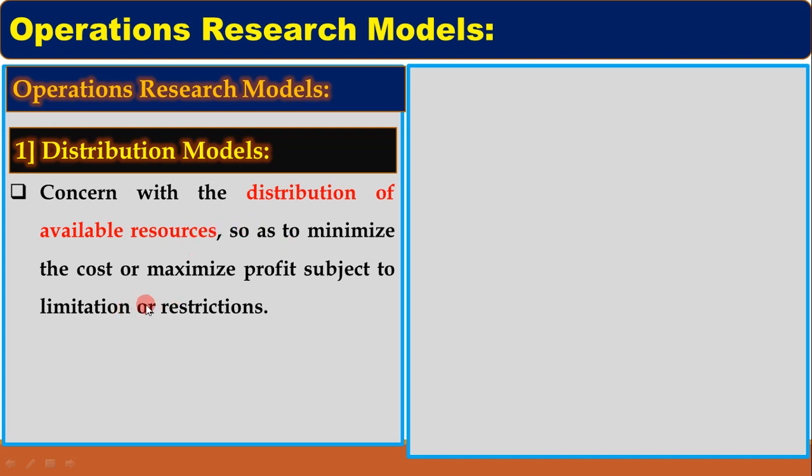Here these restrictions or limitations are related with the limited resources, which is considered as a restriction in achieving certain objectives. An objective may be either to minimize the cost or maximize the profit. That means the objective of this distribution model is to distribute the available resources so as to either minimize the cost or maximize the profit.